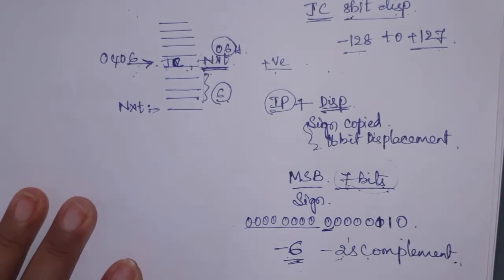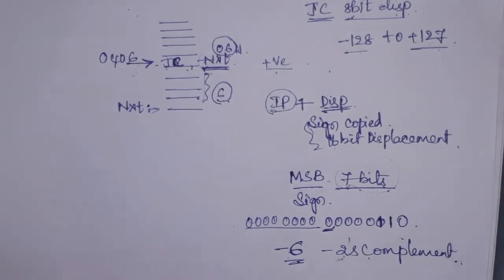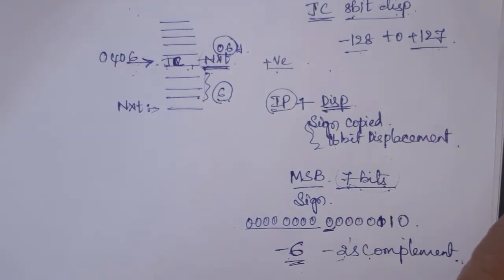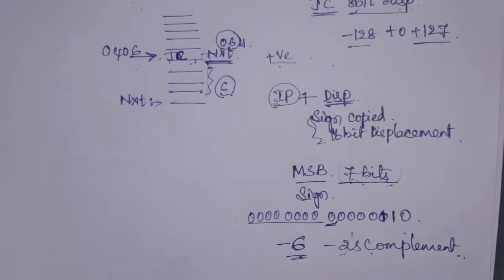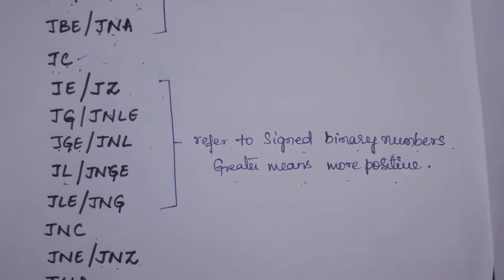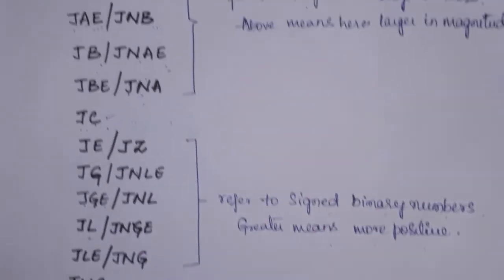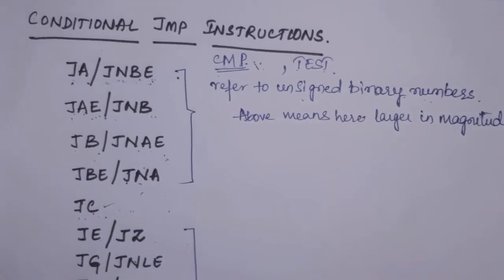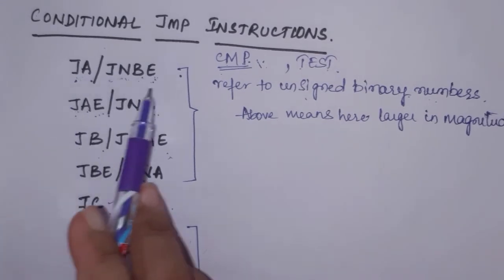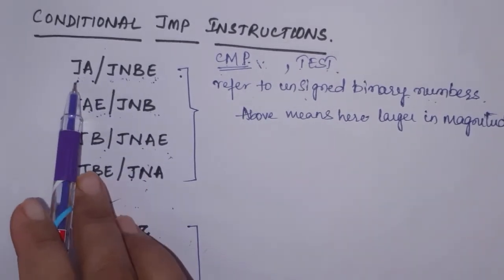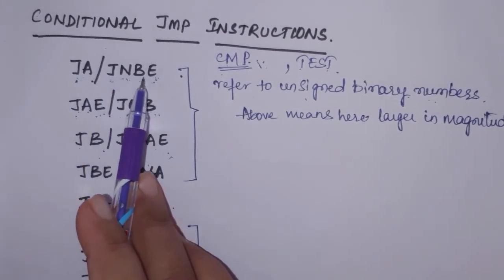Now, these are the different conditional jump instructions. I have written all of them here. Jump if above, or jump if not below or equal.